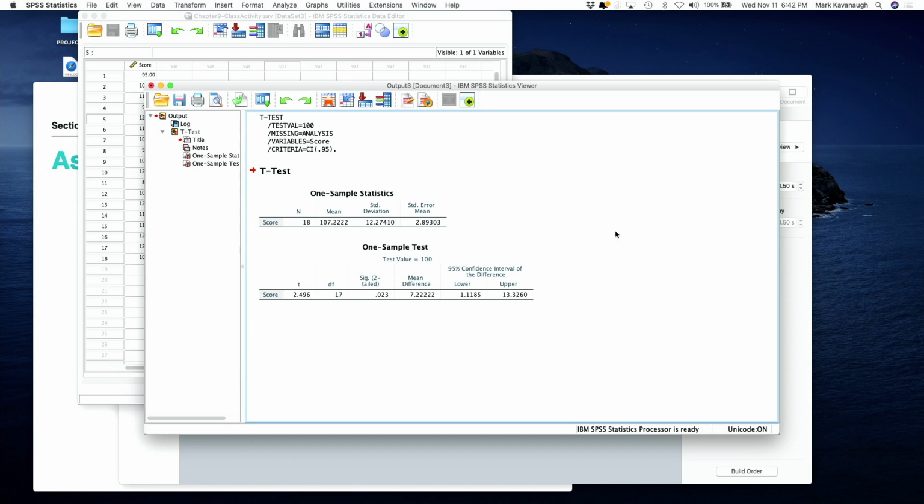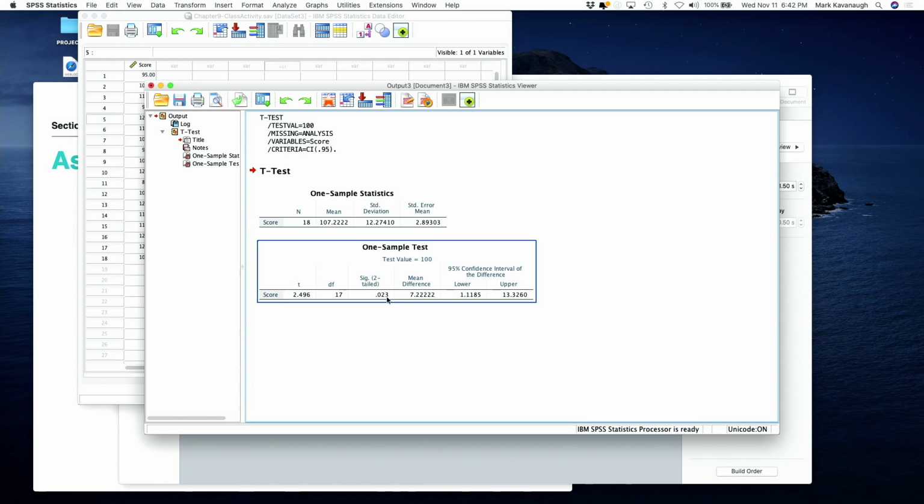I press OK. And it produces for me a one sample t-test. Now the t value is 2.496. The degrees of freedom is 17. We know that the N is 18, so degrees of freedom is N minus 1. The two-tailed significance is 0.023, which is less than 0.05.